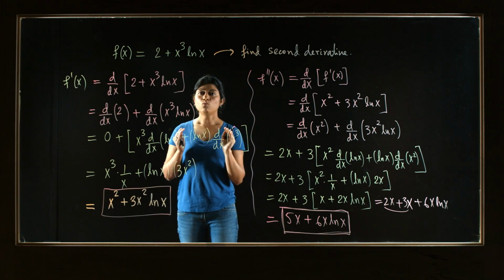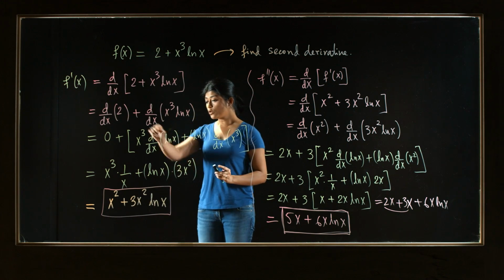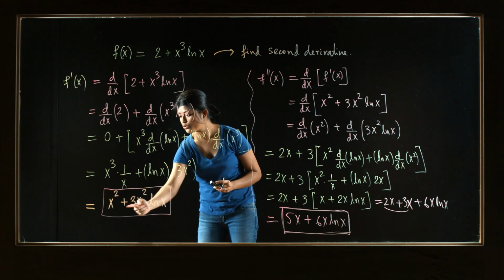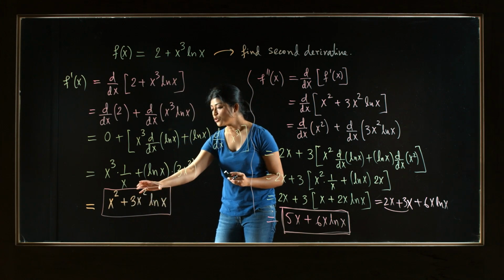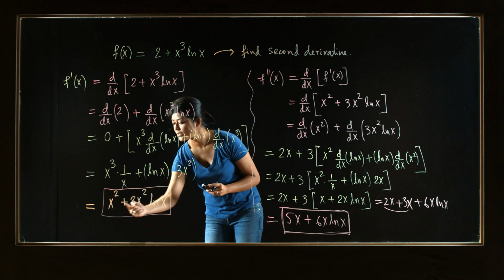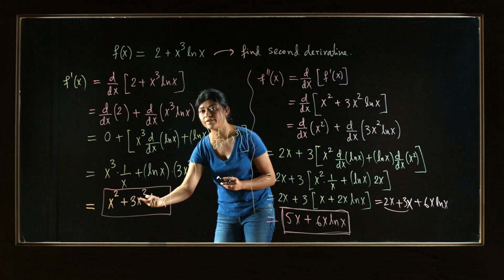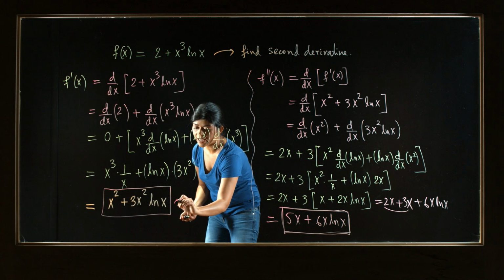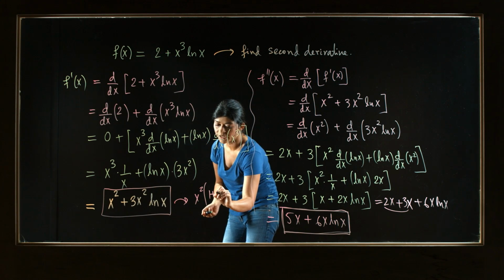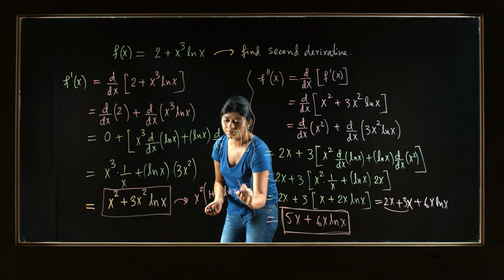To finish, I want to make one more comment. If you go back to the first derivative, notice that those two terms that we have, you could have combined because there's a common factor of x squared. So you could have rewritten it as x squared times 1 plus 3 natural log of x.